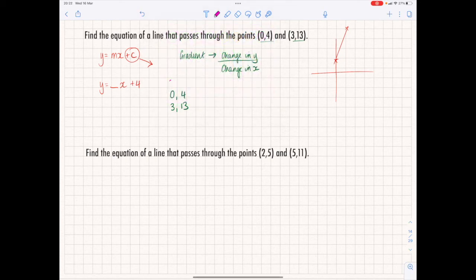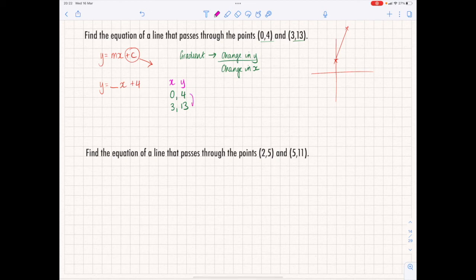Thinking about what they represent, this represents my x value and this represents my y value. Because remember, with coordinates, 0 is my x movement, so I go 0 left or right, and 4 is my y movement, I go 4 up. Same for this, I go 3 across, so that's x is 3, and my y coordinate is 13 up. So that's why I've set them up like that.